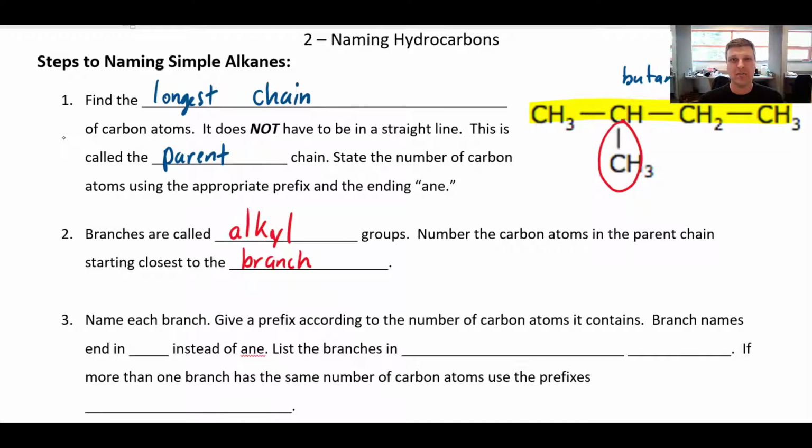Because these are 3D molecules that are all swirling around, it doesn't really matter which end is written on the page. We don't have to go from left to right. But I'm going to start here in this case and go from left to right. 1, 2, 3, 4, because then I can see that my branch would be on the number 2 carbon. If I started numbering it from the right, then the branch would be on the number 3 carbon, and that would be a bigger number.